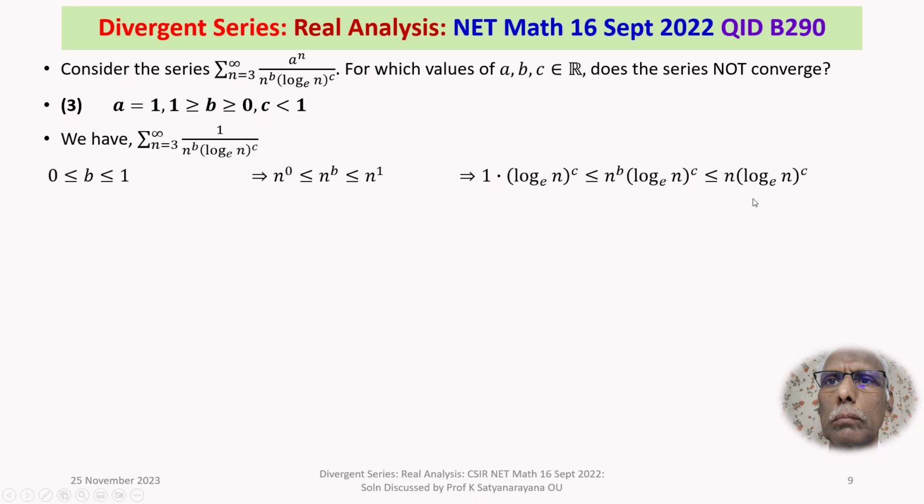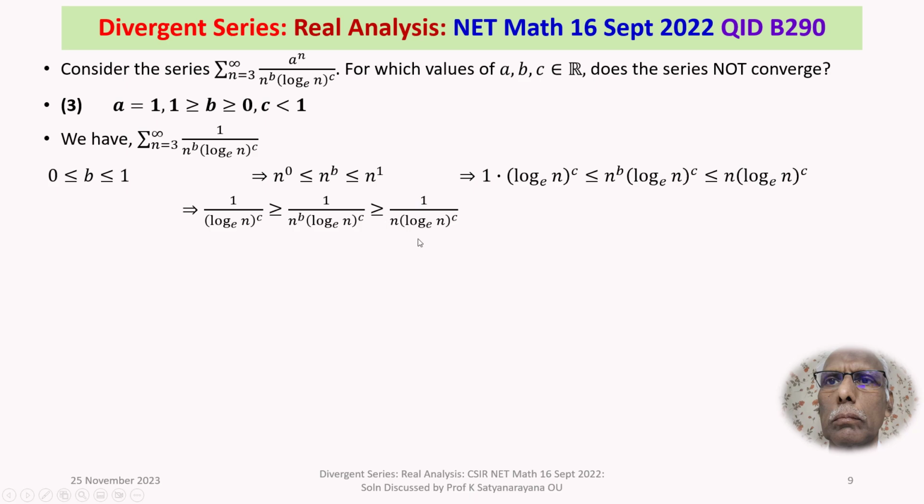Now write the reciprocals. 1 by (log n)^c is greater than or equal to 1 by n^b (log n)^c is greater than or equal to 1 by n (log n)^c.